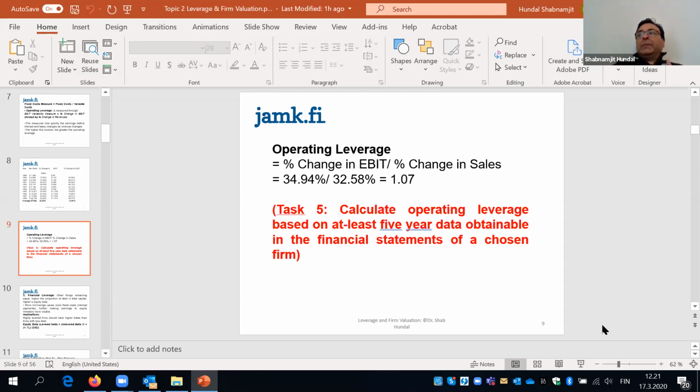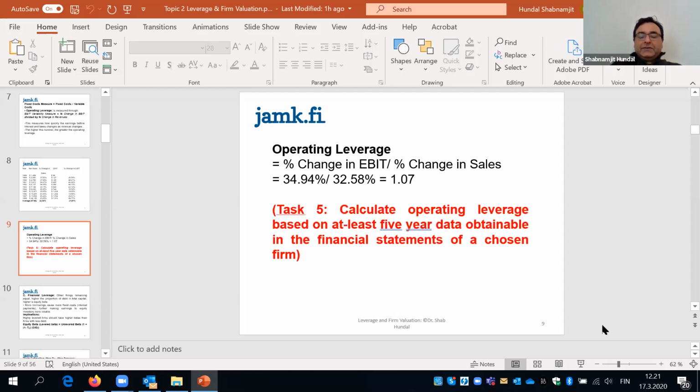So normally when you open the income statement or any financial statement of a company, you will get at least 2 or 3 years data. I think if you open the income statement, it's quite possible that you get 3 years, but if you open the balance sheet, it's for 2 years. Because this data is obtainable from the income statement, I think you have to open maybe two income statements.